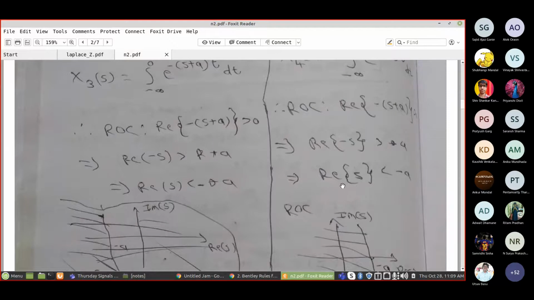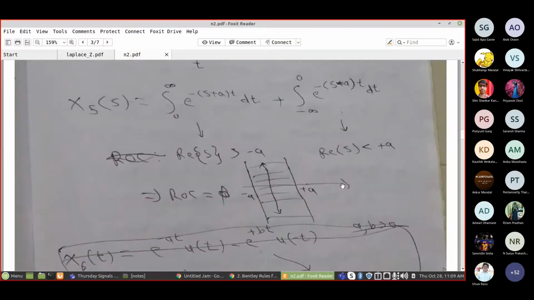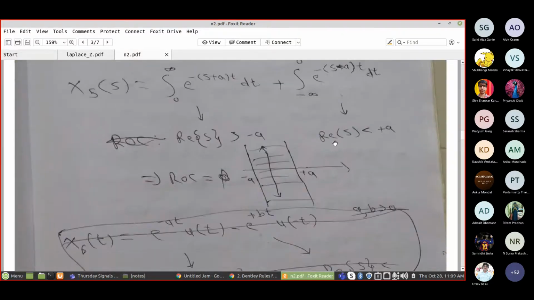Just using that argument, we have ROC given by real part of s to be strictly less than plus a. So everything to the left of this vertical axis, and the region where both integrals converge is just the intersection of the two ROCs.